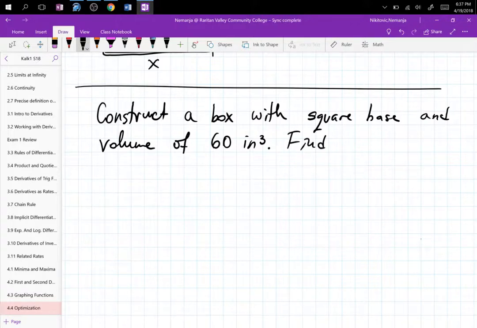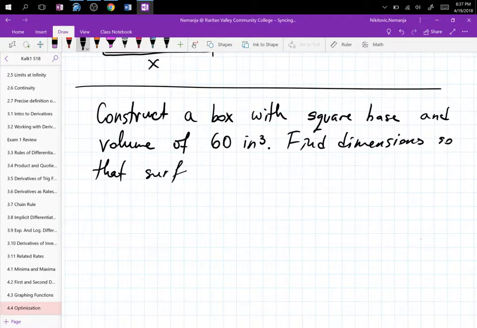Find dimensions so that surface area is minimum.